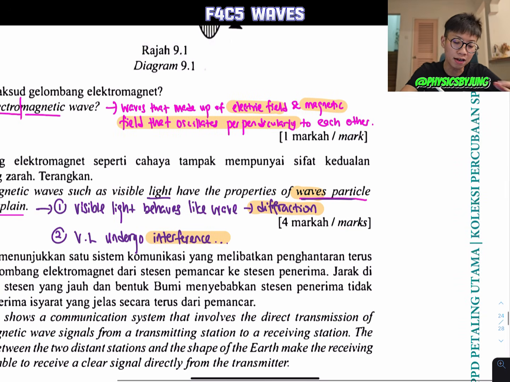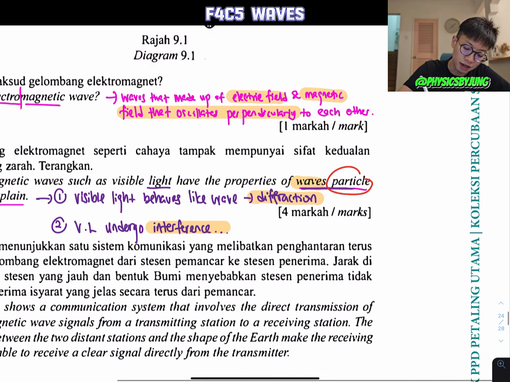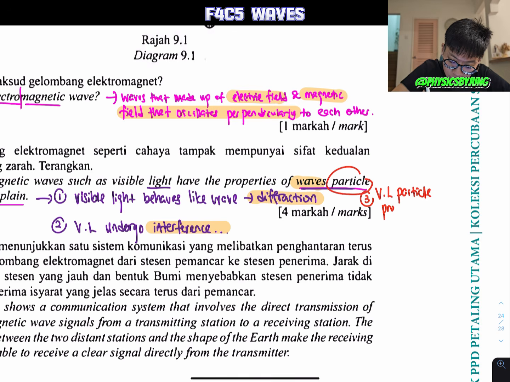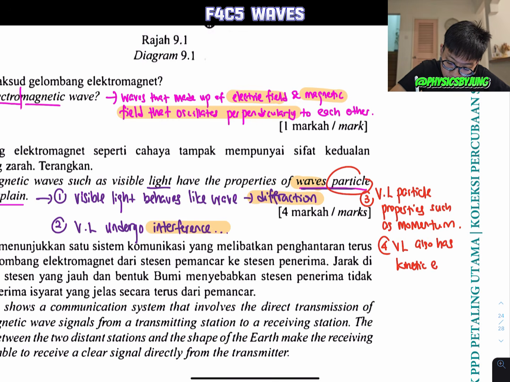Tapi kalau you want to join the particle family, so what does the particle family say? Then we can say why visible light can behave like a particle. Why can visible light have particle properties? Because it has particle properties such as momentum. And besides that, your visible light also has kinetic energy.